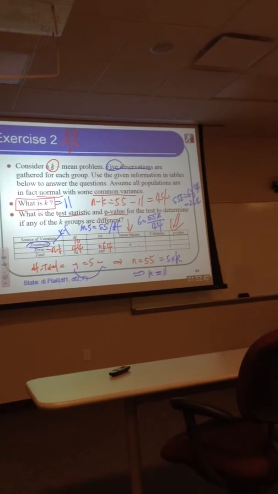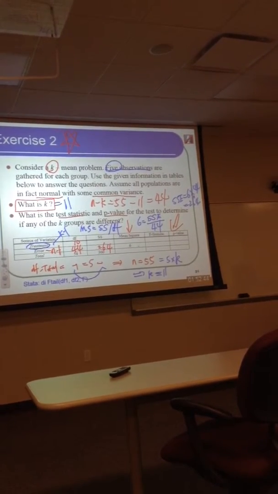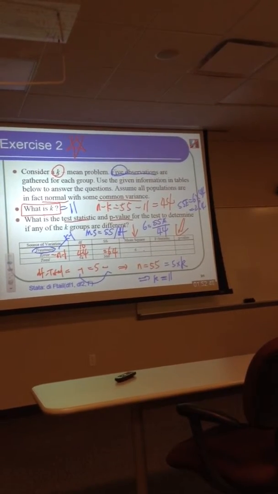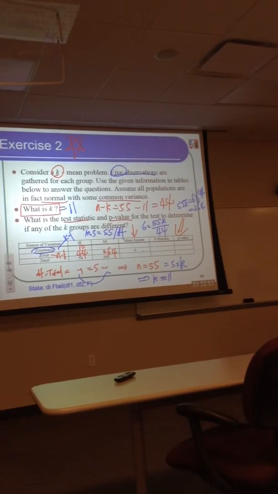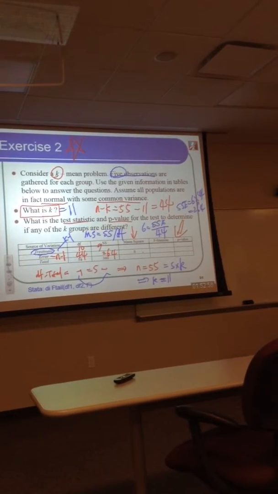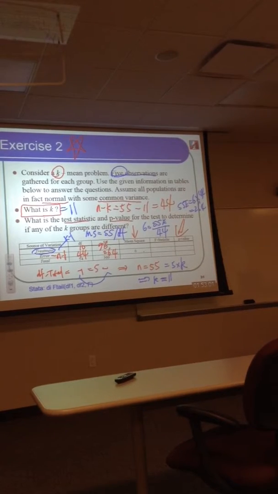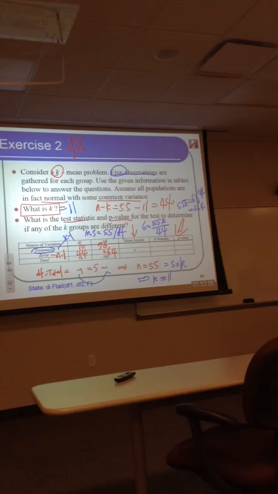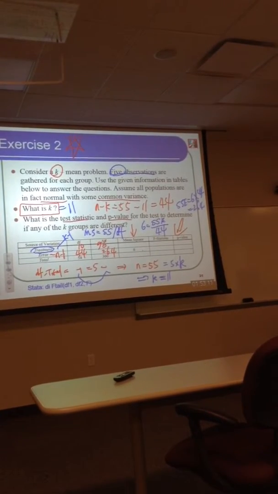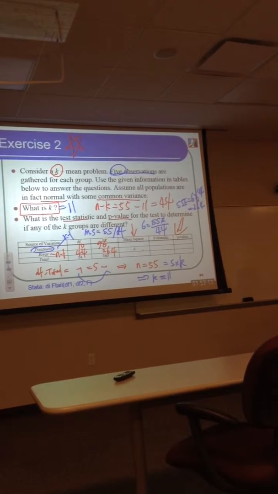If we go back to the sum of squares column, we know two of the three numbers, so we can calculate the third one: 360 minus 264 equals 96.